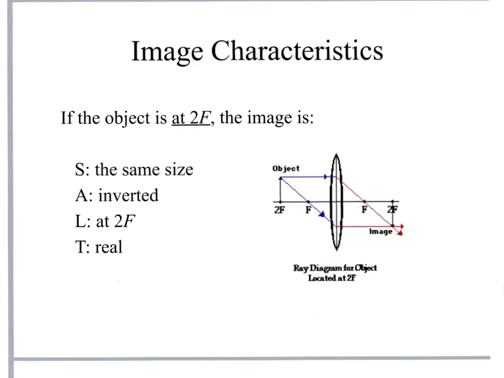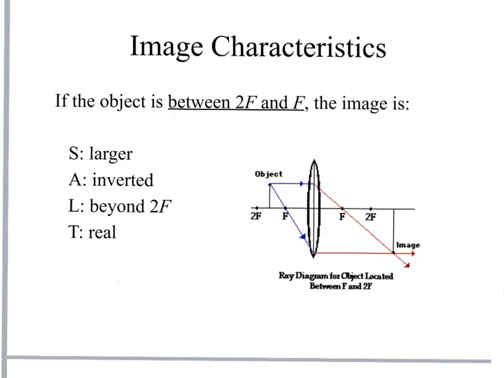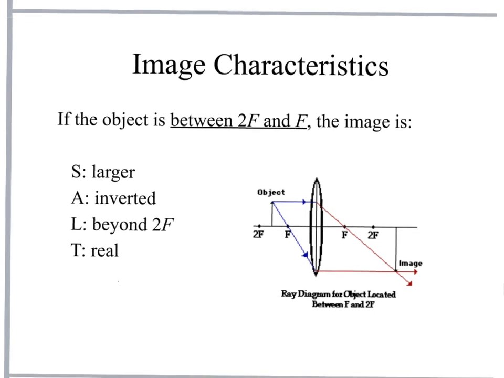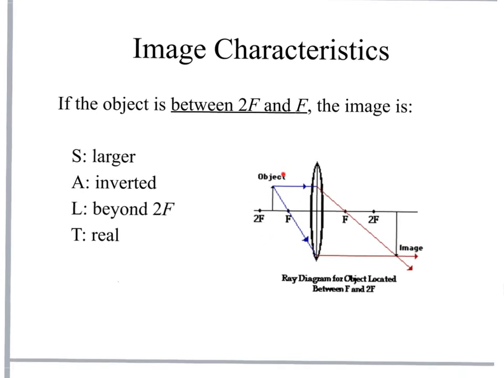It is worthwhile to note that depending on where you put the object, the image will also change. So here the object is on 2F, the image is on 2F', and it's the same size. If you instead put the object between 2F and F, then the image is beyond 2F', and it is larger.